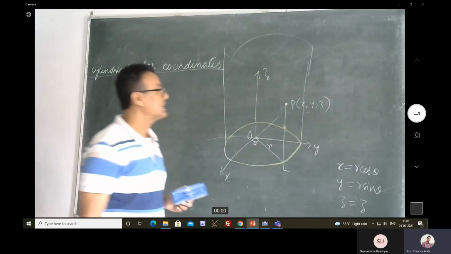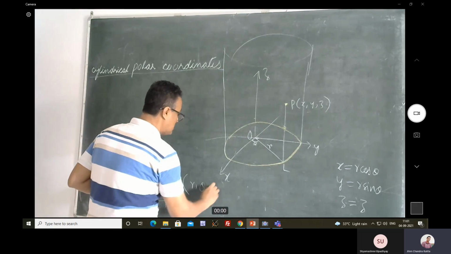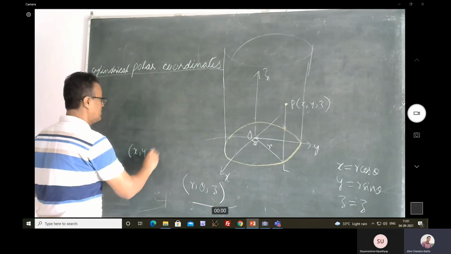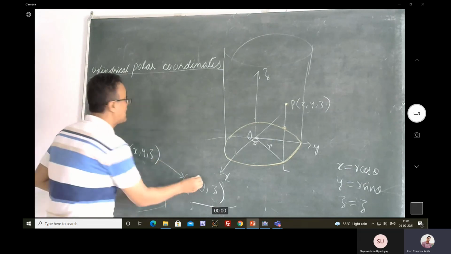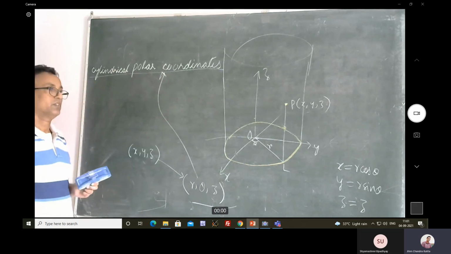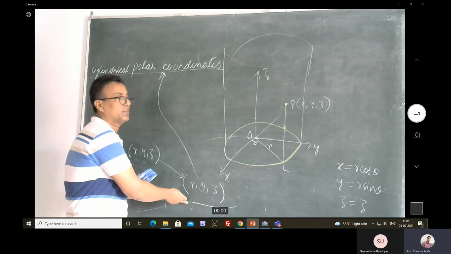So basically, what you are now considering is going from the xyz system to the r theta z system, and this is nothing but the cylindrical polar coordinate system. So this equation is something like this.